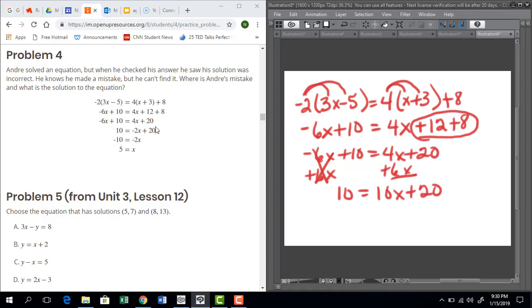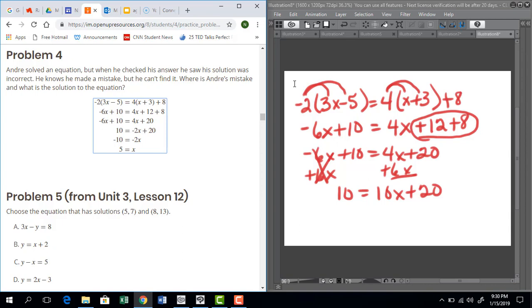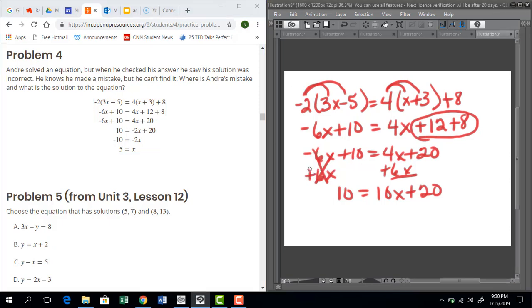And there's Andre's mistake, because he ended up with 2x. So Andre just looked at the 4x and the 6x and just subtracted them, said negative 6x plus 4x and got negative 2x, and that was incorrect. He was supposed to do the opposite because we're doing inverse operations. So that is Andre's mistake.